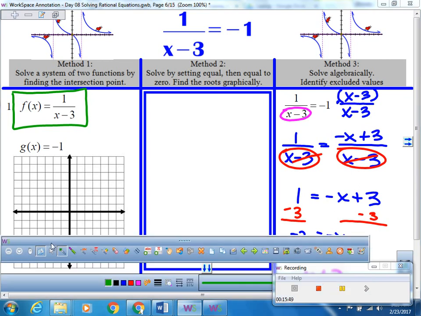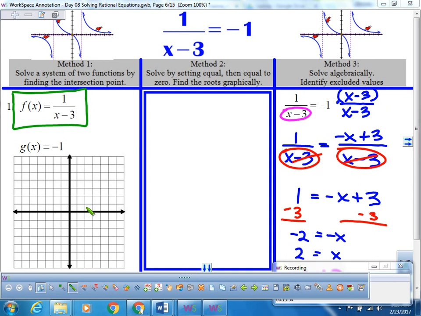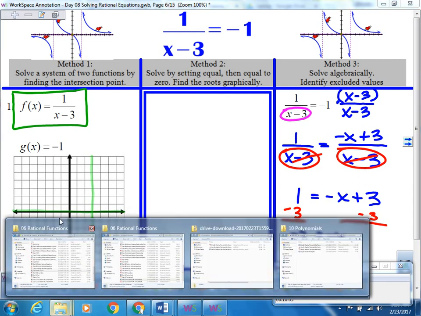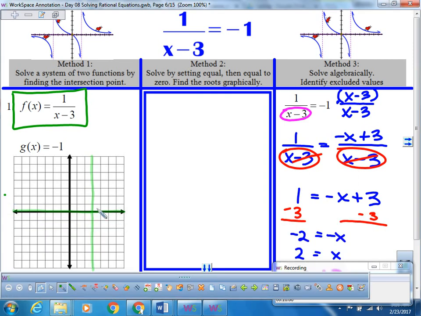So I'm going to have an asymptote to the right 3. 1, 2, 3. Am I going to have a horizontal asymptote? It's just going to be on 0. So now I can graph this. Pretty simple. It doesn't have any type of stretch, so it's just here and here.